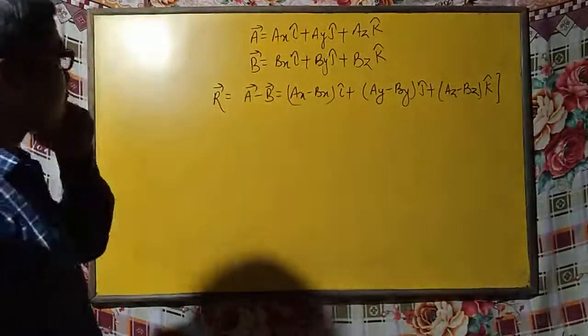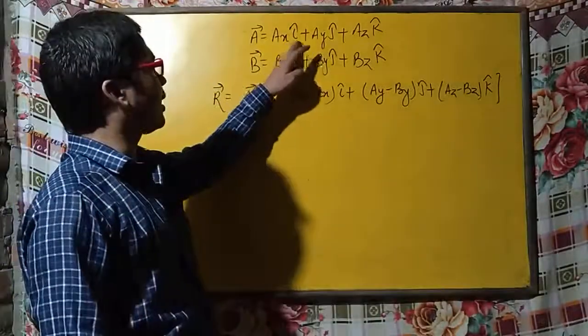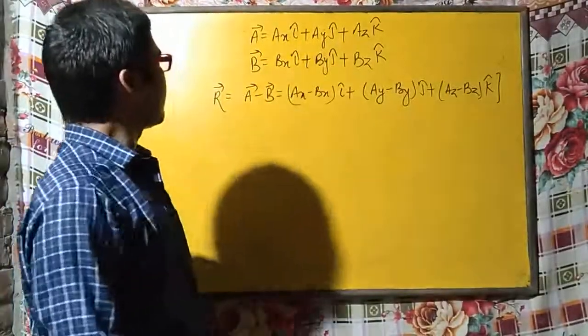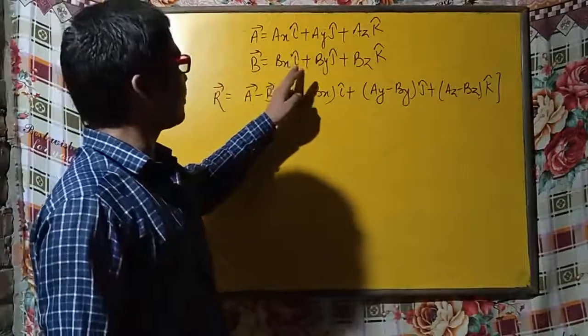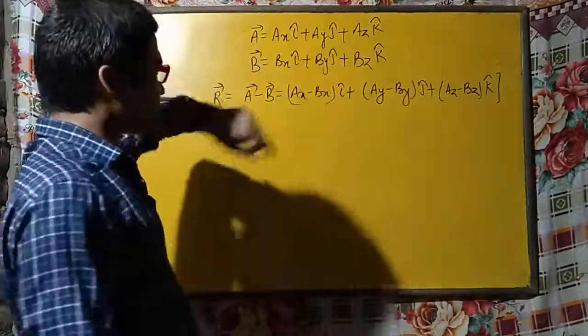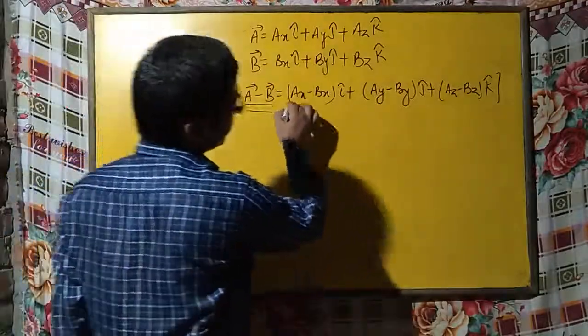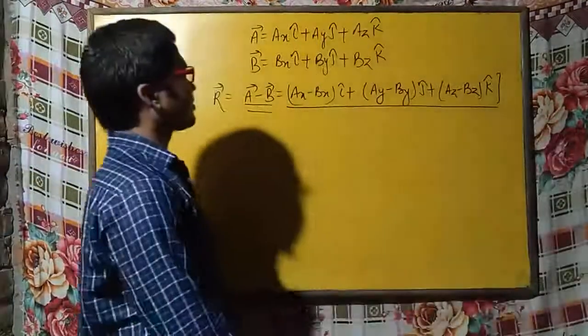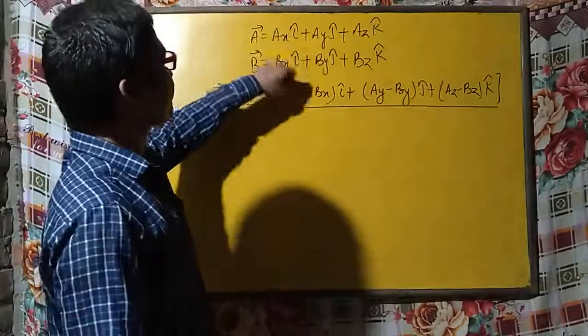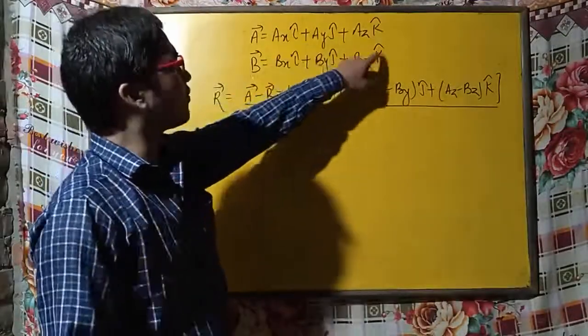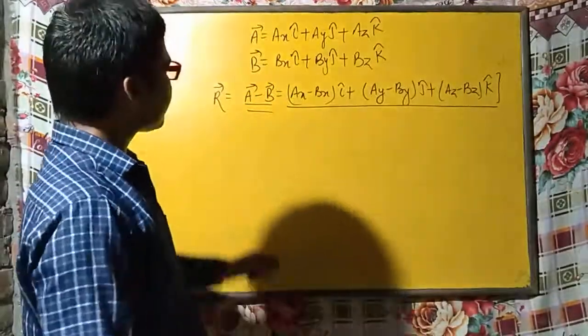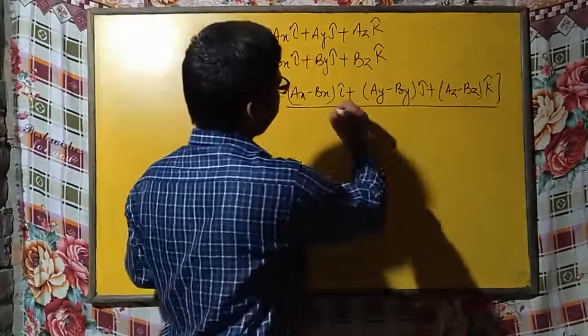Okay, so if vector A is given in components i, j, k in three-dimensional space, and B is also given in components i, j, k, then if you want A minus B, you can get it by this relation. You can subtract the coefficients of i together, j together, k together, but you can see the resultant quantity remains a vector.